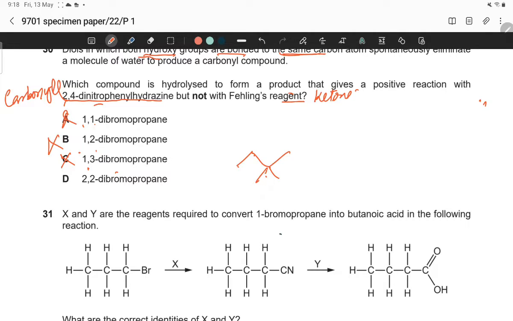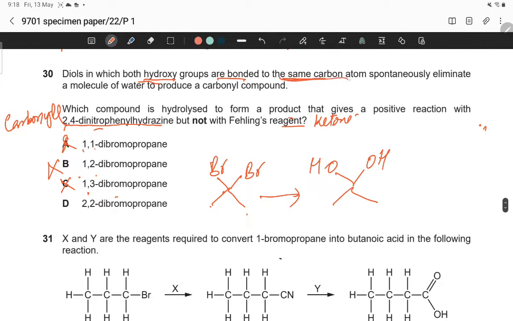So 1, 2, 3 and 2,2-dibromo. Br, Br, OH and OH.